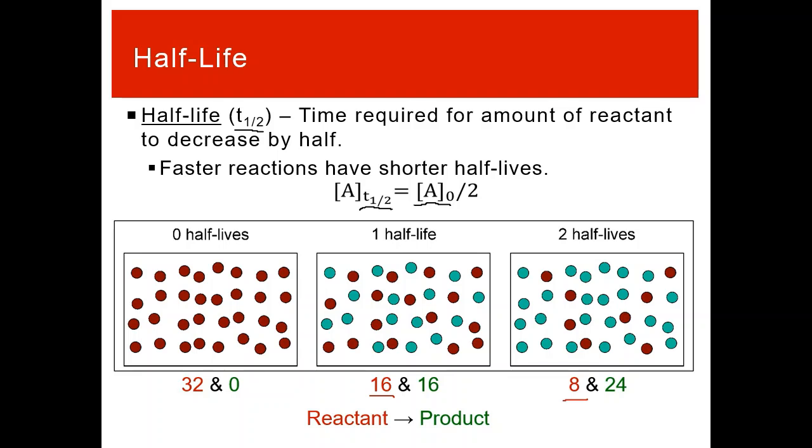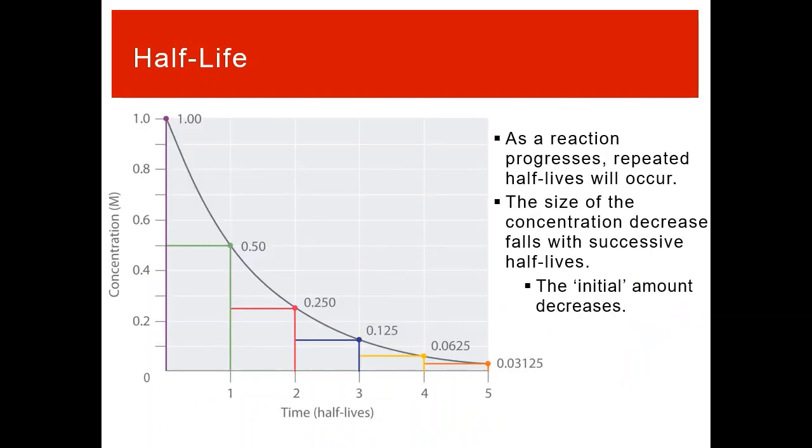And you can have one half-life after the other. You have a half-life, you have another half-life, the reaction keeps going, and you keep losing more and more. But the absolute size of the decrease will be smaller. Say you have 1 molar. After your first half-life, you have 0.5 molar.